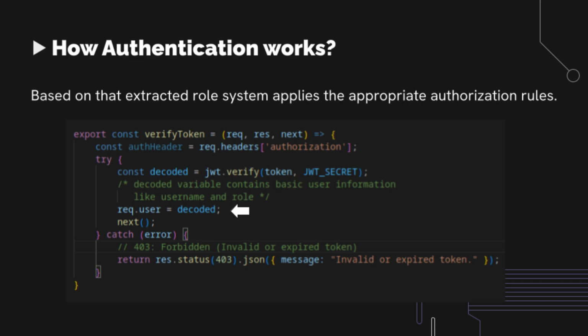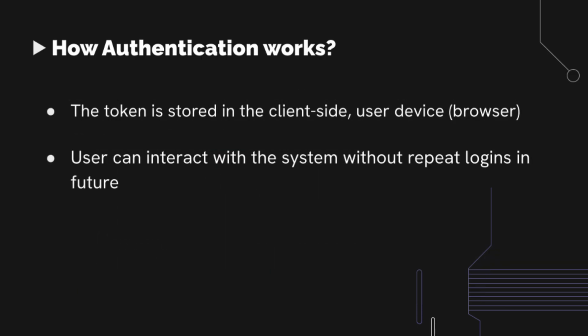Based on this role, the system applies the appropriate authorization rule to control what action the user is allowed to perform. The token is typically stored on the client side. This allows the user to remain logged in to the system without needing to enter their credentials again using the login system. This is why in many popular services like Google, Instagram, you do not have to log in repeatedly. Once authenticated, the token helps the system recognize the user in the future.